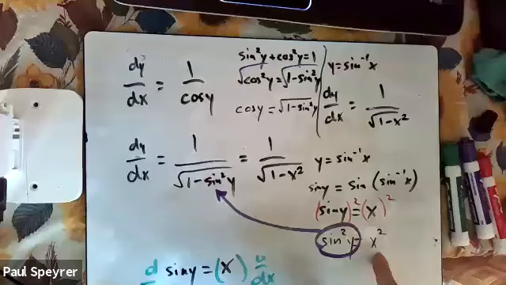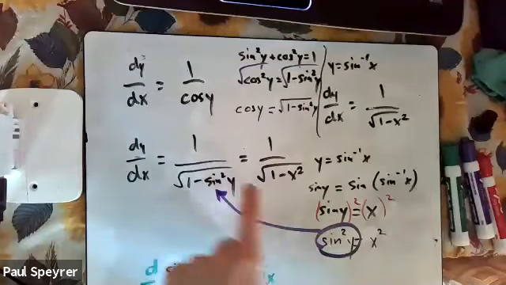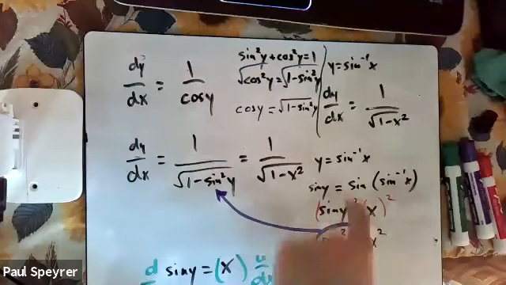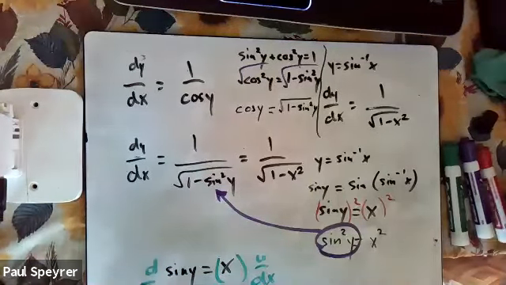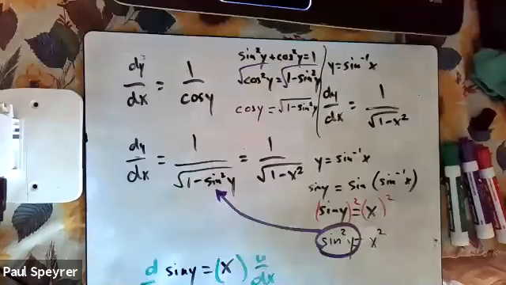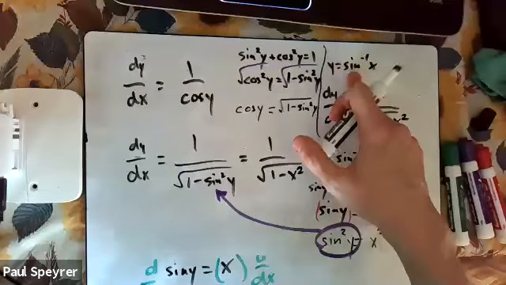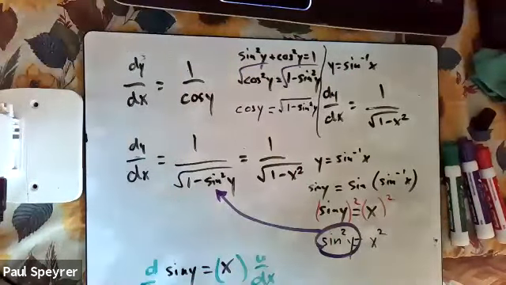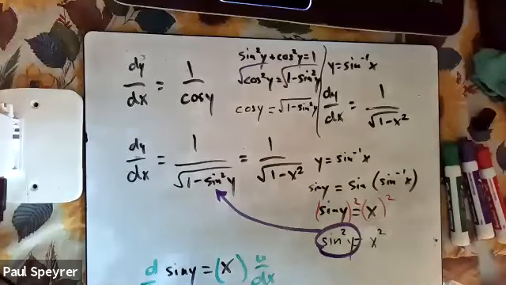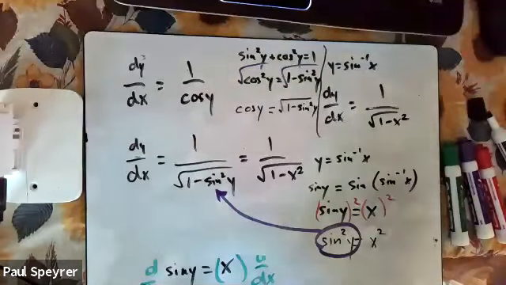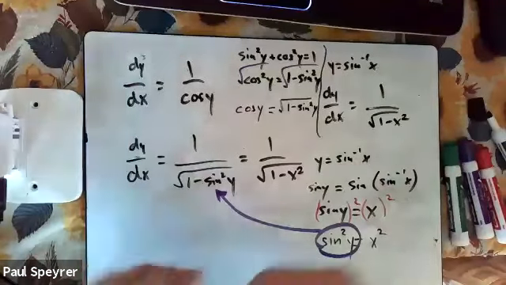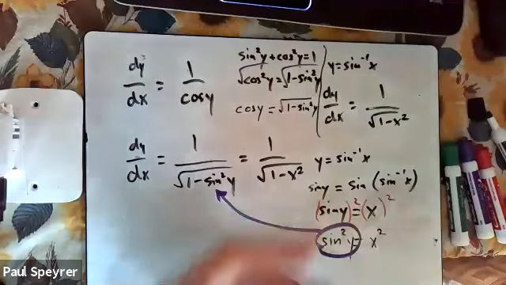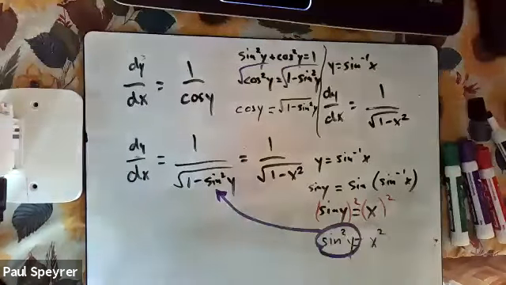Because x squared is equal to sine squared of y, just from these steps right here. So that's where they're getting the derivative of arc sine of x. Do you need to remember all this work? No, you just need to remember the formula, okay? But it's the same steps to get any of them, to derive arc sine, arc cosine, arc tangent.